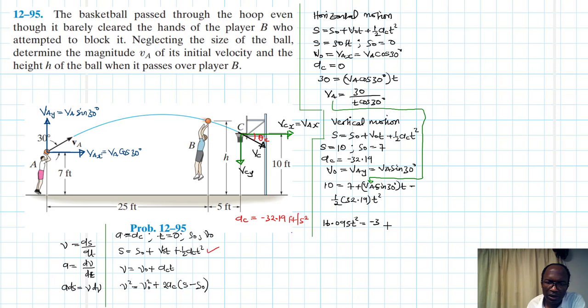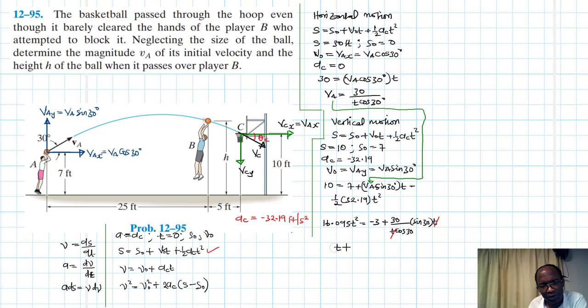You take this to the other side. So minus 3 plus 30 T cos 30 sine 30 T. This and this go.